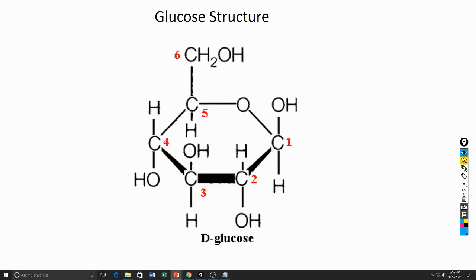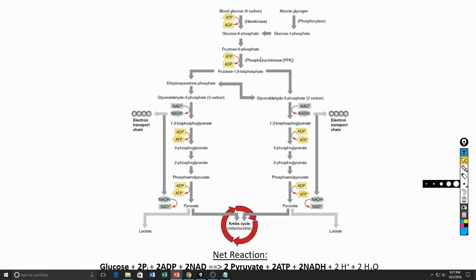Okay, so let's talk about glucose a little bit. I'm not going to require you to memorize this and draw out the chemical structure, so don't get all PTSD on me. The reason I put this up here is that as you look at that huge 12-step process of glycolysis, you may be seeing terms like glucose 6-phosphate, glucose 1-phosphate, fructose 6-phosphate, fructose 1,6-bisphosphate.